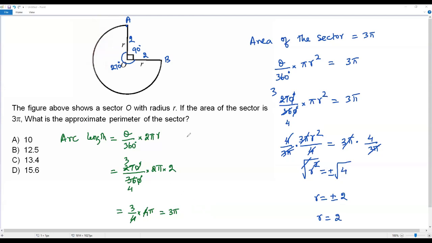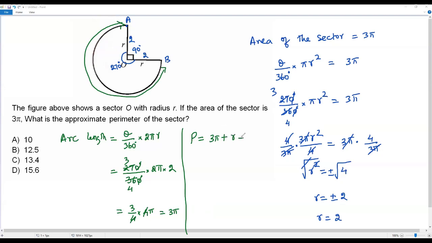Okay, now to get the perimeter of the complete figure, we have to take this arc length AB first. The arc length AB is 3 pi. Apart from that, we have to add these two line segments to get the perimeter of the complete figure.